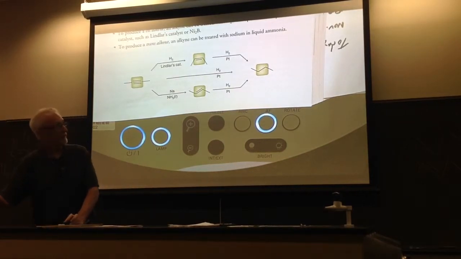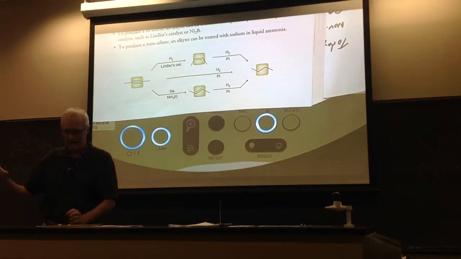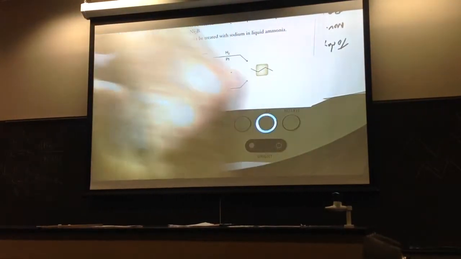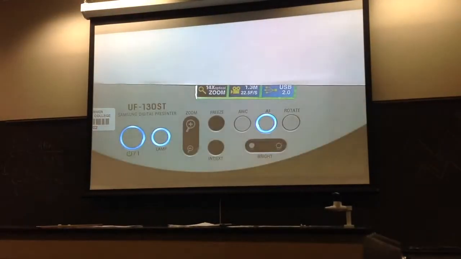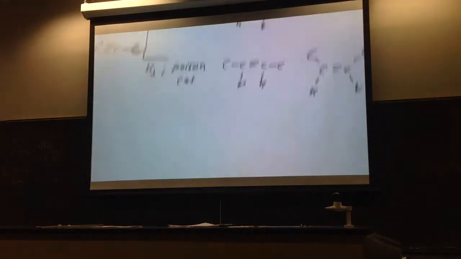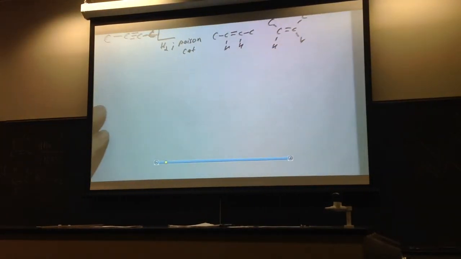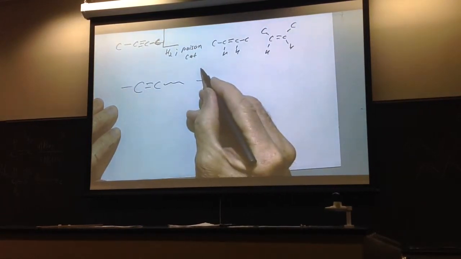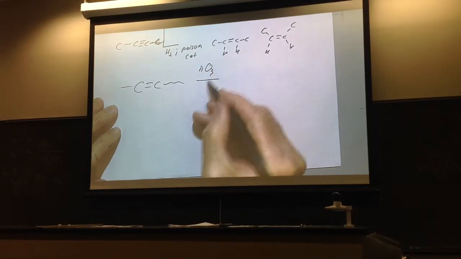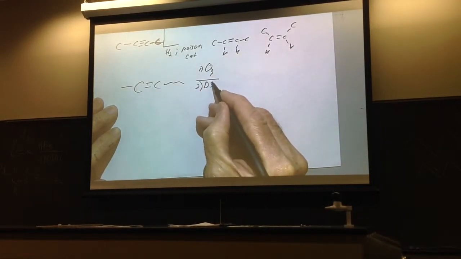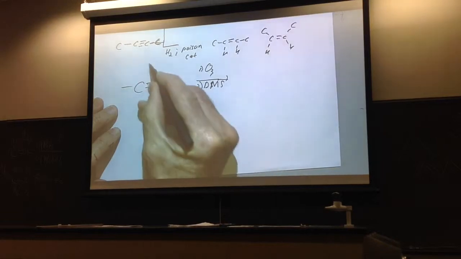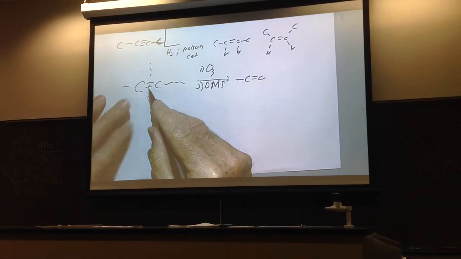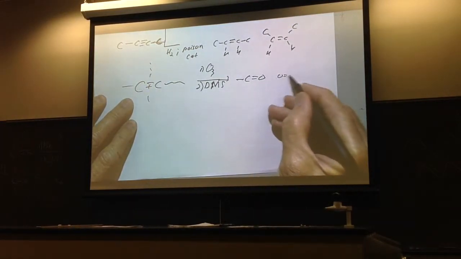All right, and there's only one more reaction in this chapter, and it's the cleavage reaction. Okay, so remember the scissors that you can use to snip. Usually when you use ozone, you snip pi bonds. So if you have a carbon-carbon double bond, and you add ozone, followed by dimethyl sulfide, you get to snip this bond, turn the carbon-carbon double bond into carbon-oxygen double bonds.